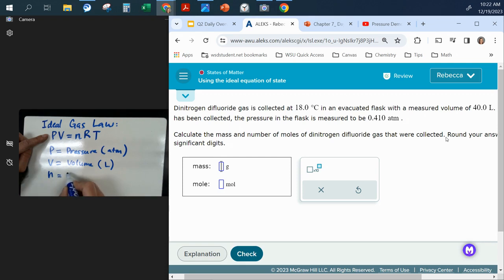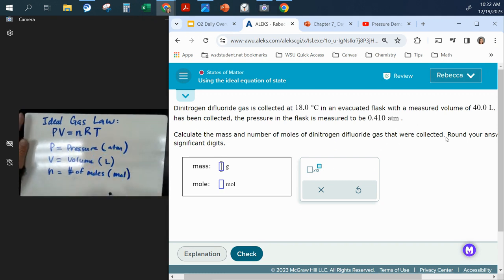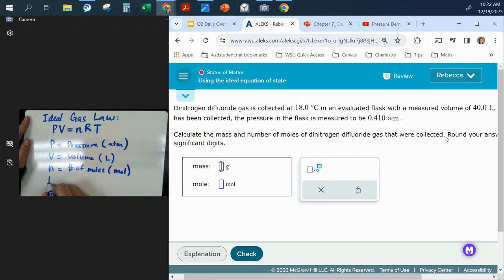N is number of moles. We can think of that as number of particles. That needs to be in moles. Sometimes they'll give us that in millimoles, so we just have to make sure our units are matching up. R is the ideal gas constant. We'll come back to this one.